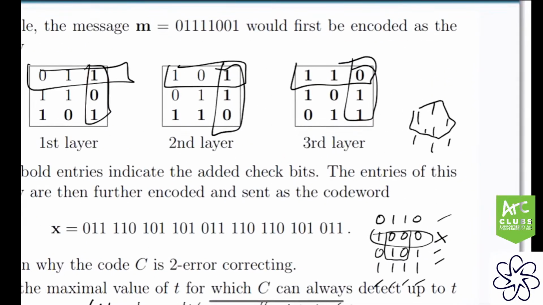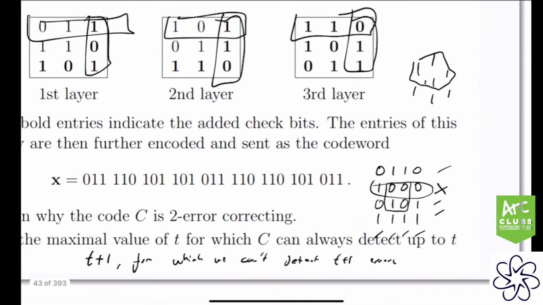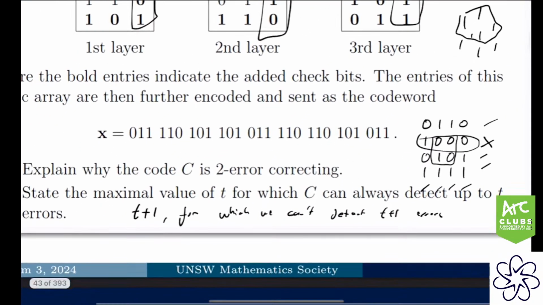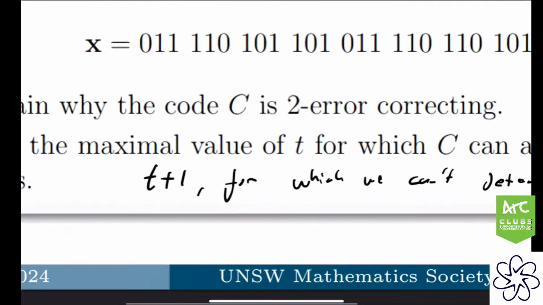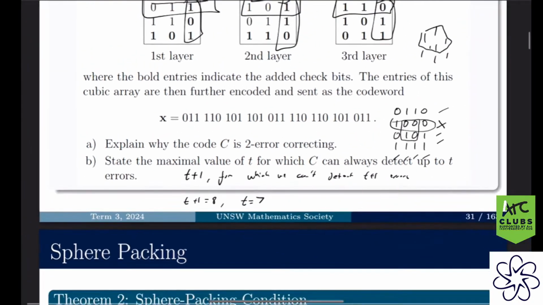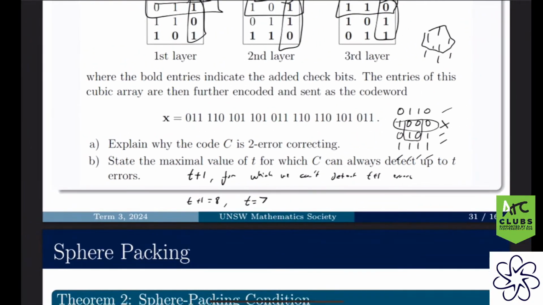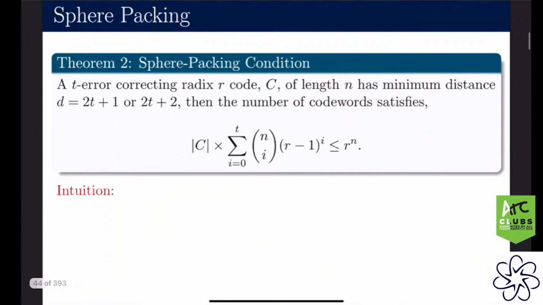And using the three-dimensional analogy, this t plus 1 is going to be 8. So if we have 8 errors, we can't detect any of them. So therefore, if t plus 1 is equal to 8, makes sense that t equals 7 is going to be the maximal value of t for which we can correct t errors. Okay, does that all make sense? Great.